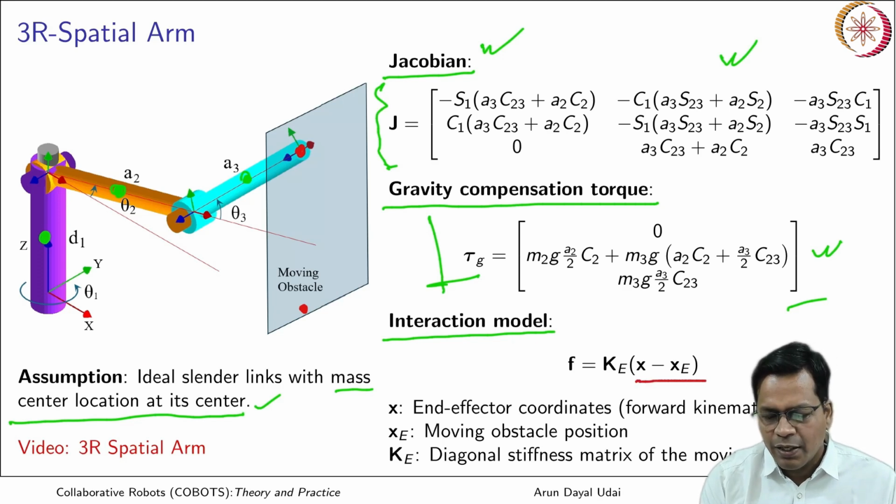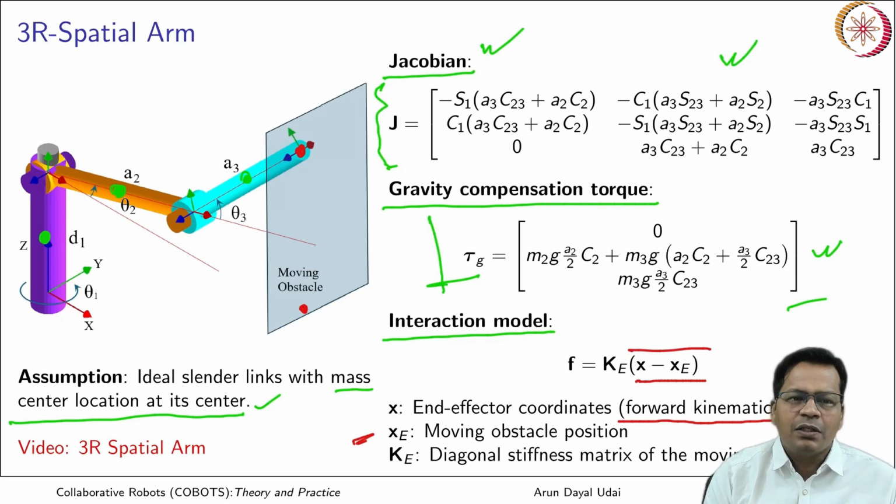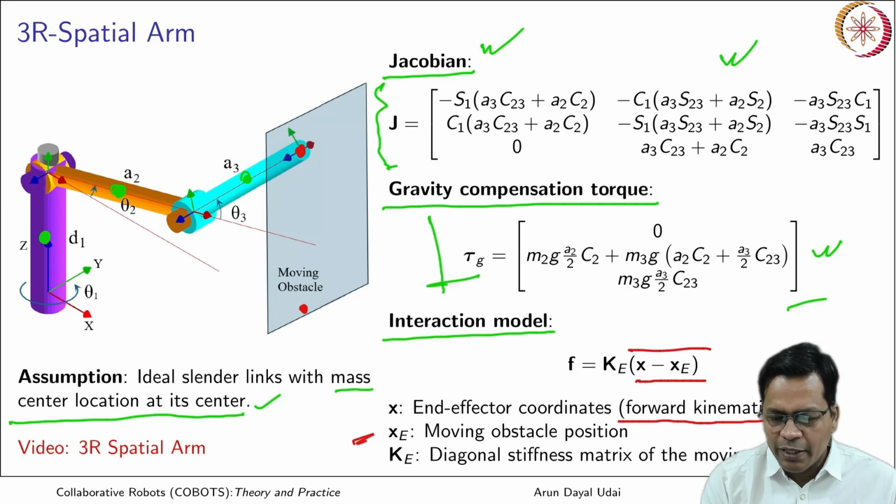X is the end effector coordinates, calculated using robot forward kinematics, and xe is the position of this moving obstacle. The difference between them gives me the amount of penetration of the robot's end effector into this obstacle. That is actually the compression which is happening to this obstacle.